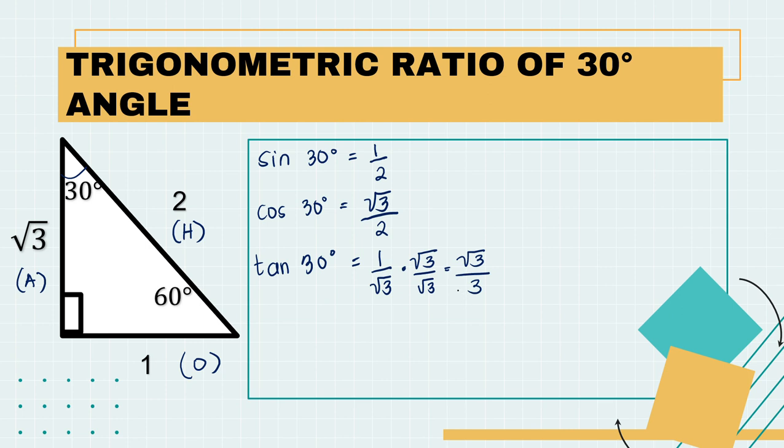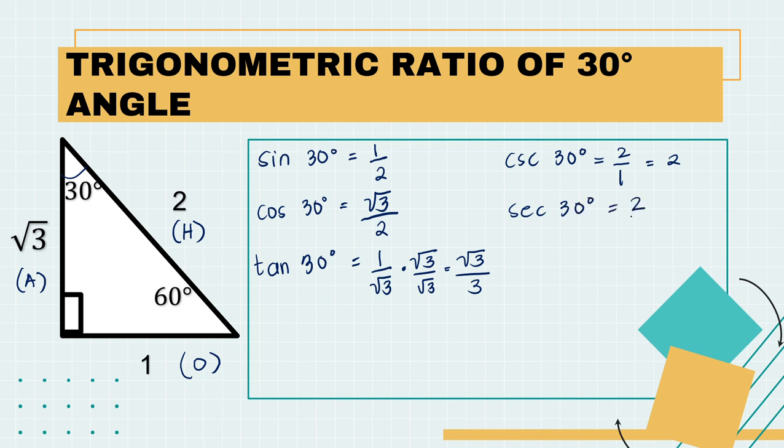And then for the next ratio, we have the cosecant 30 degrees. In cosecant 30 degrees, that is the reciprocal of sine 30 degrees. So that is 2 over 1, which is equal to 2. And then for the next ratio, we have the secant 30 degrees.